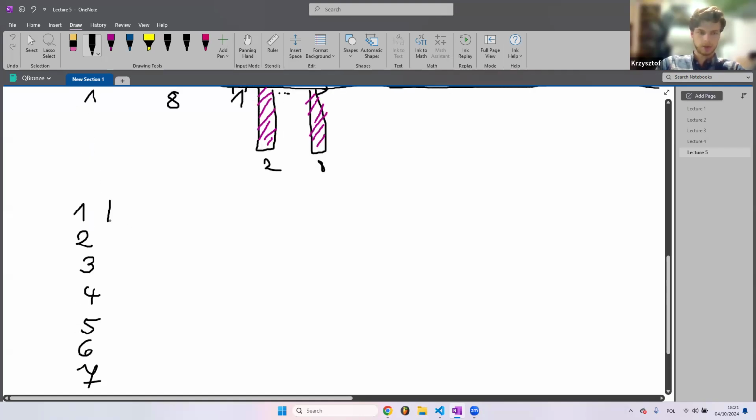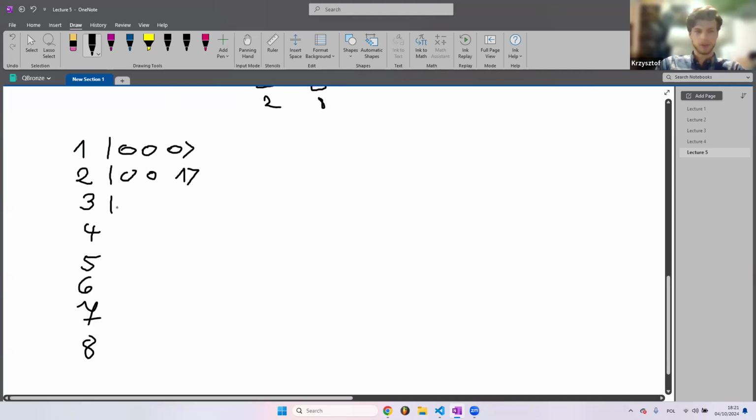And each of these elements, we will consider a quantum state. And this will be a lot of writing here, but hopefully you will get the idea behind this.